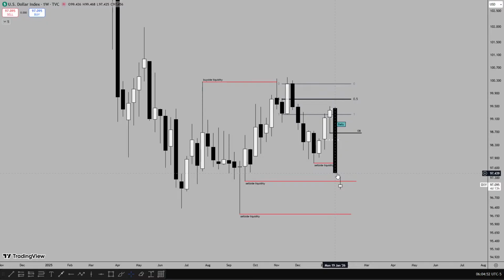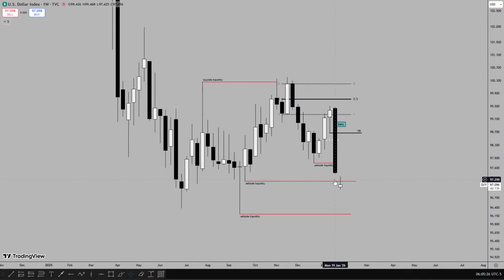Remember, I wouldn't be taking any sell with only the idea of the weekly time frame, because the weekly time frame just took out the sell side liquidity, and from the opening price, it opened below the previous week closing price and below the previous week low, which means if there's any liquidity below this candle for price to use as a draw on liquidity to trade lower, price already took out the liquidity.